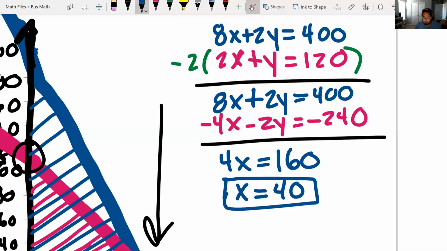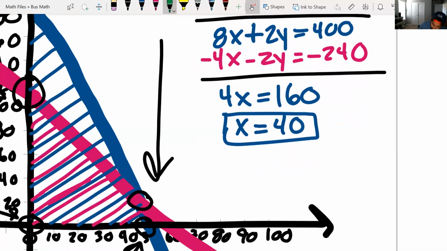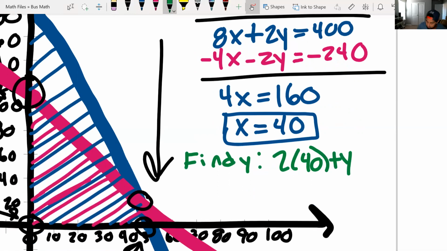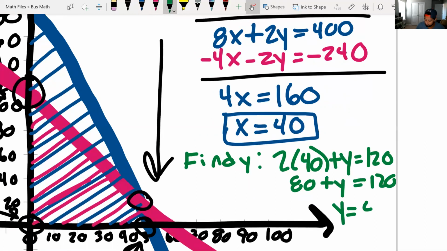We'll plug it into the first equation: 2 times 40 plus y equal to 120. 80 plus y equals 120, and y is going to equal 40.